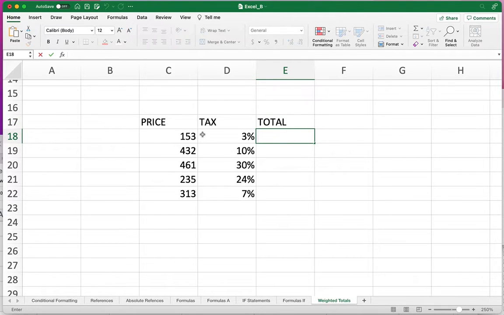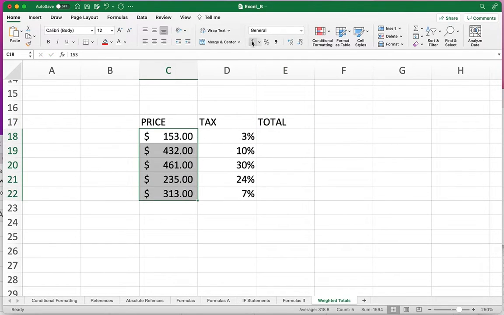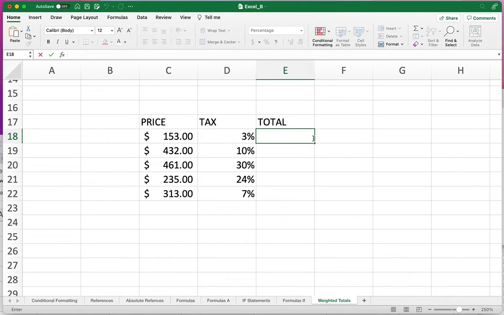Now, obviously, if I have these as dollar amounts, and these as percentages, I could always just say equal this times this to figure out what 3% of it is. And that'll give me 4.59. Oh, okay, well that's the price of the tax, because obviously 4.59 is 3% of 153. But that's not really what I was asking when I said total.